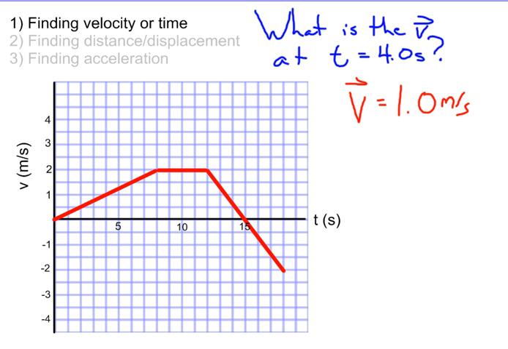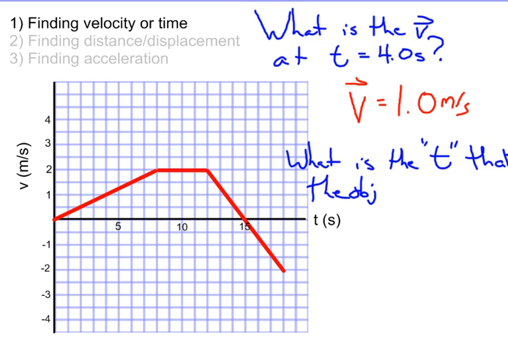We use an example now. What is the time that the object was moving negative 1.5 meters per second? So there's our question.